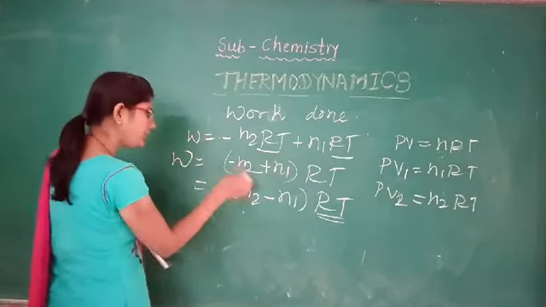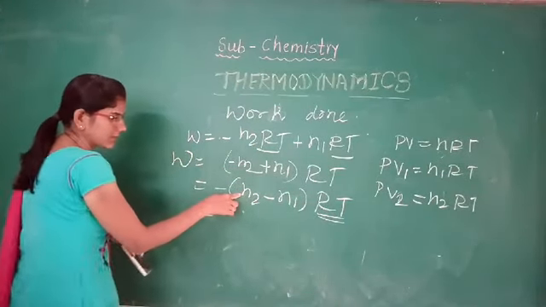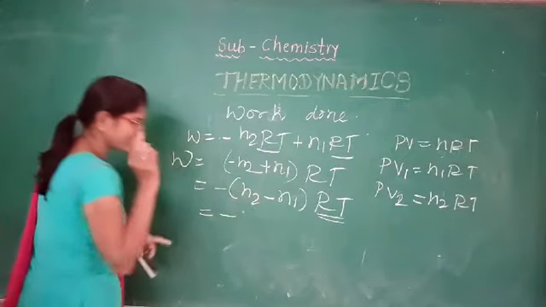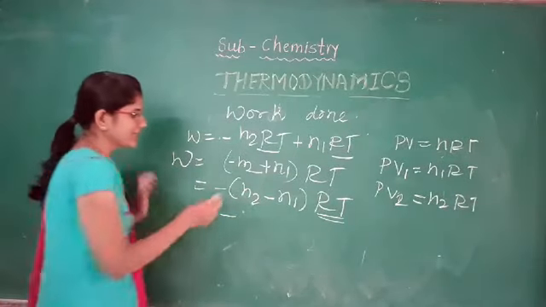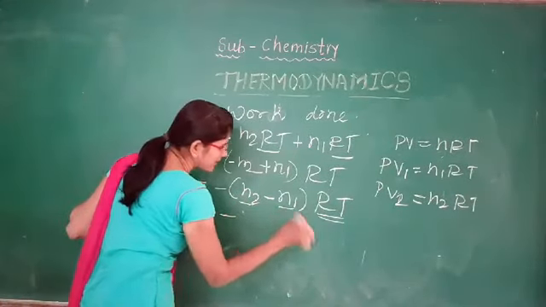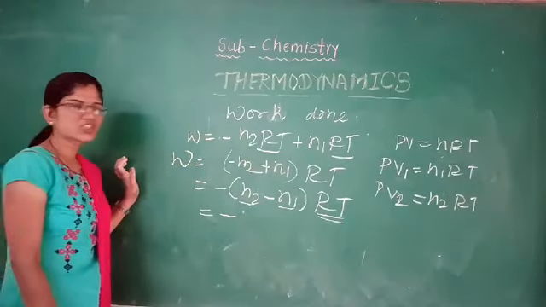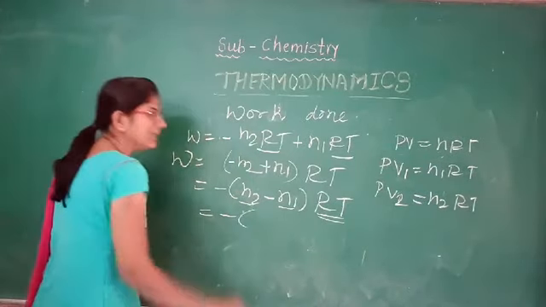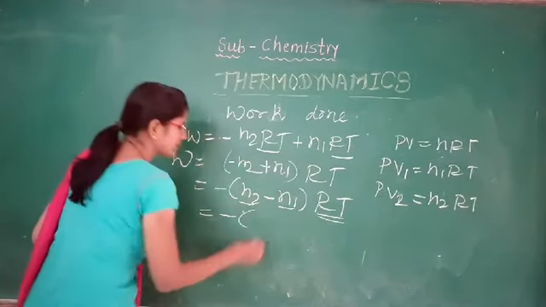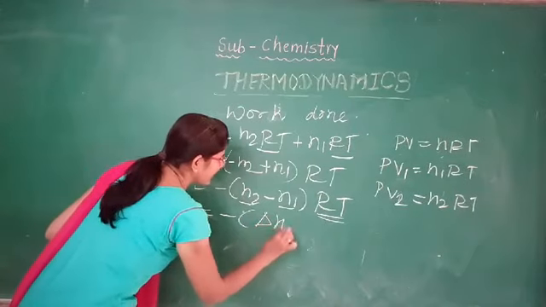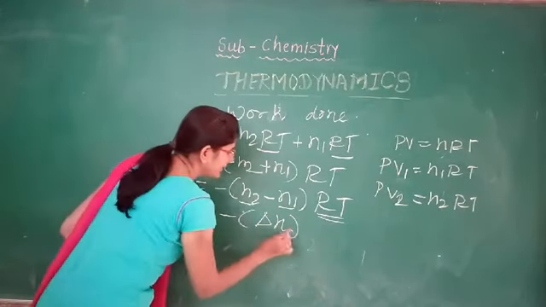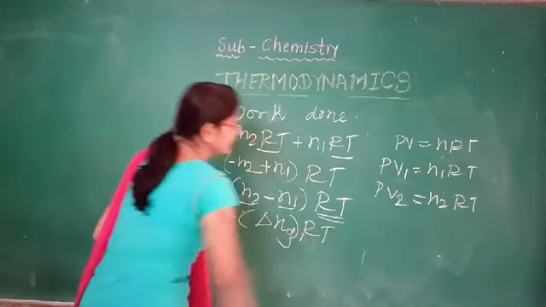We know N2 minus N1 is the change in number of moles for gaseous reactions only, and it can be written as delta Ng.